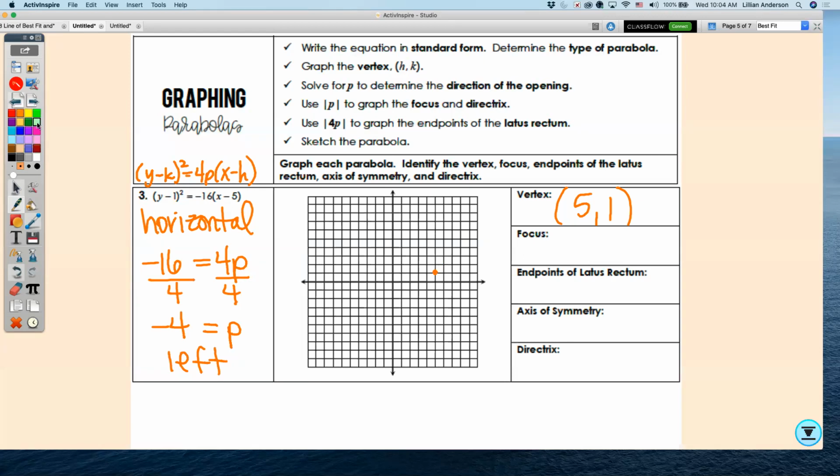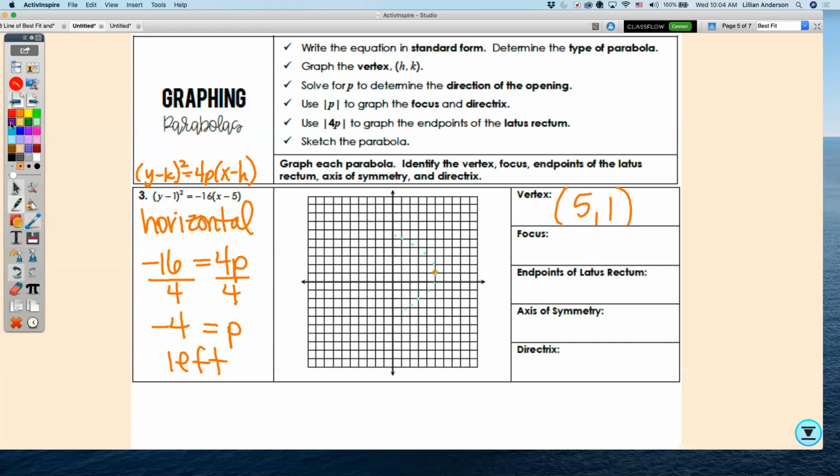So that lets me know I'm going this direction. Please make sure we know our lefts from our rights. You can always hold up the L's. The left is the one that looks like an L when you look at it, okay? Now the absolute value of p, which will be +4, will help us identify where our focus and our directrix is.